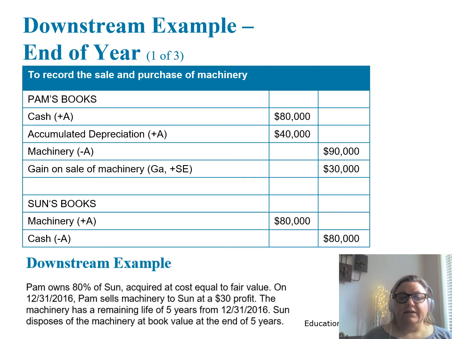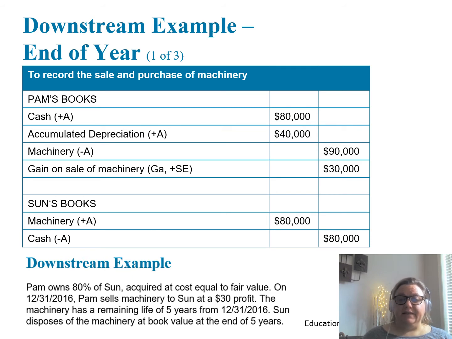Okay, so let's take a look at this downstream example. Let's look at Pam's versus Sun's books together. The first thing is the cash is going to be increased for the asset, and the accumulated depreciation is also going to be increased. The machinery is going to be decreased because you are getting rid of it.